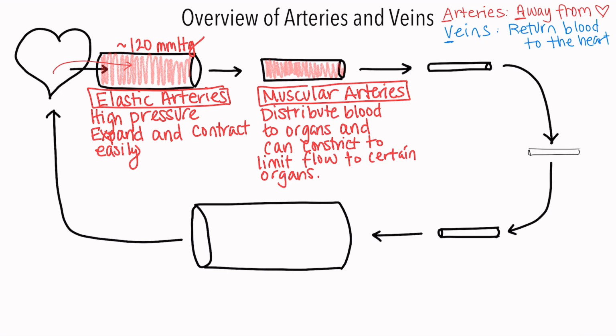Okay, so then the blood vessels get smaller and smaller. These arteries get smaller and smaller until they're so small that we call them an arteriole, which just means little artery. Arterioles, they may be little, but they are mighty, because when these constrict, which they're very good at doing, they're going to have the greatest impact on systemic blood pressure.